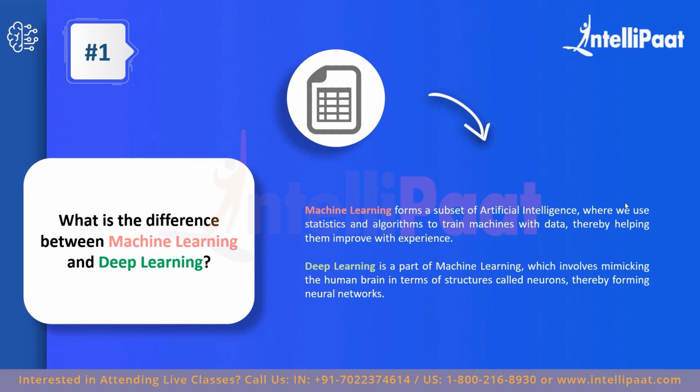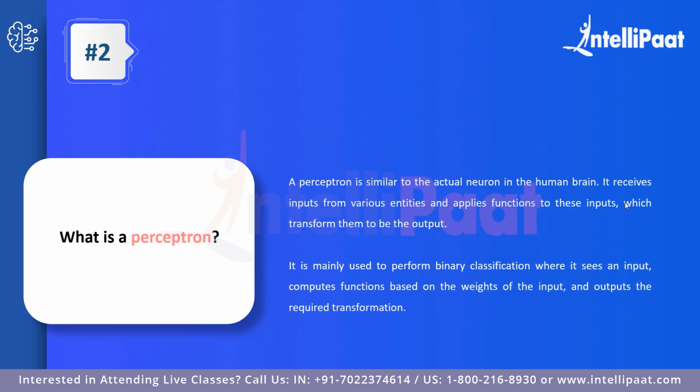When it comes to deep learning, we try to find methodologies where we can trick the machine into thinking like a human being, using the human brain structure in terms of working. The entire concept of neural networks is named after neurons, because it works very similarly to the human brain. So this forms the basic difference between machine learning and deep learning.